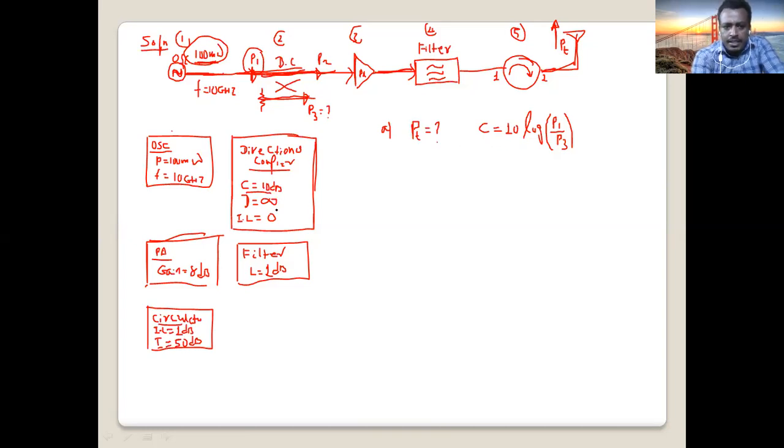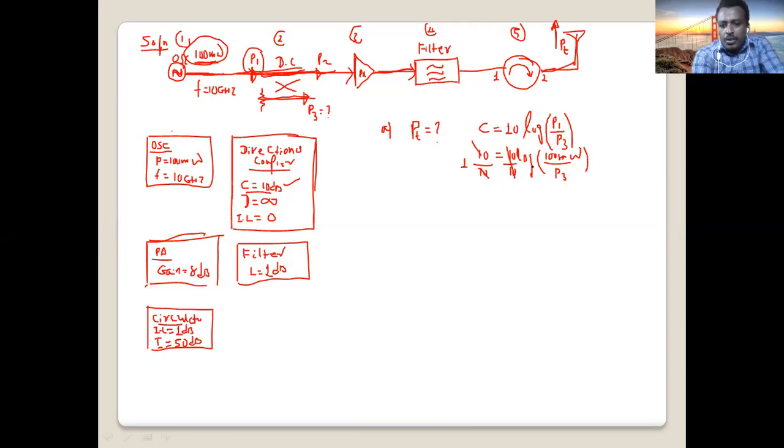So how much C is here? For our coupler, C is 10 dB. C is given, so you can calculate 10 log of, P1 is given 100 milliwatt, right? So you can calculate P3, how much power is coupled and goes to port number 3. You can divide both sides by 10, so this 10 gets cancelled, this 10 becomes 1.